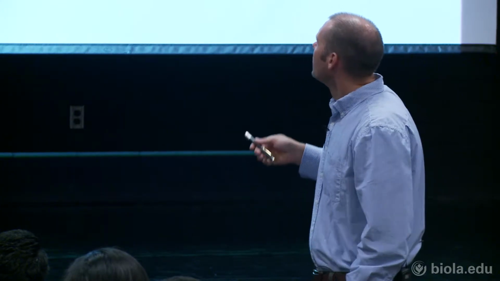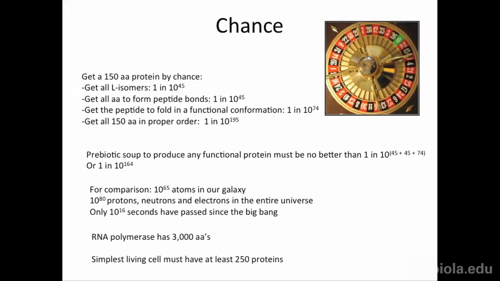To get that protein sequenced by chance, you have to have all 150 amino acids be in one form. If we're just talking about pure chemistry, just amino acids forming and bumping into each other to form a protein, amino acids can occur in either, you've all taken organic chemistry, the D or the L isomer, right? And chemically, those act identical.